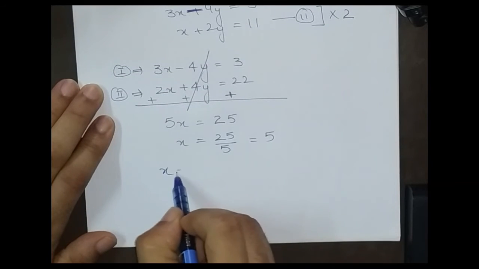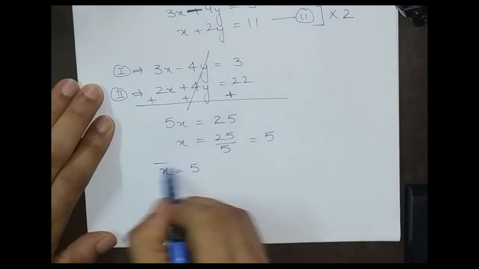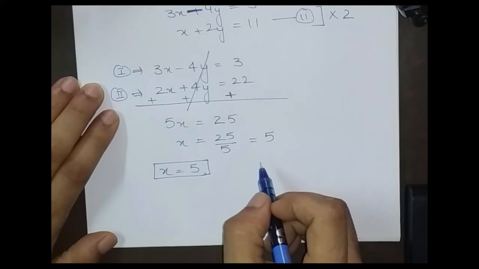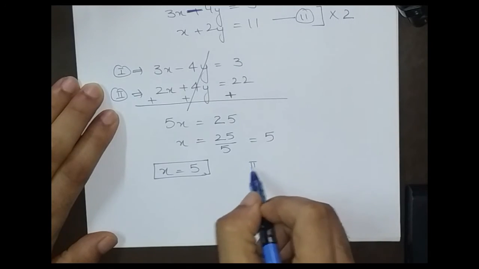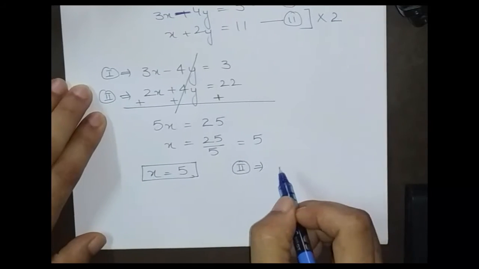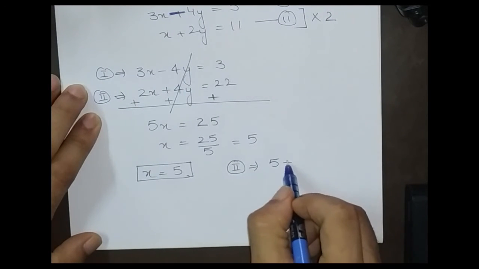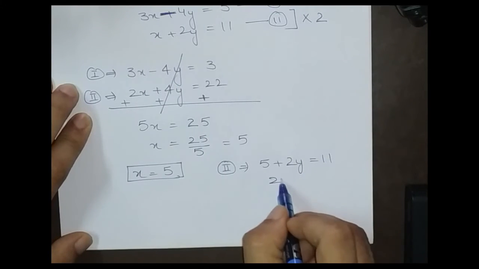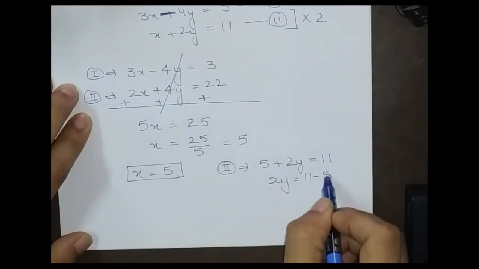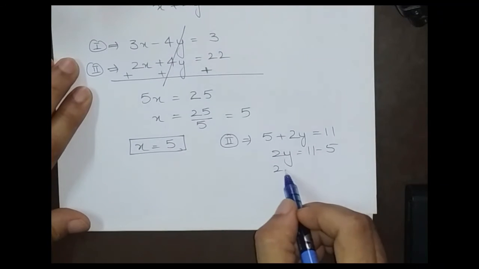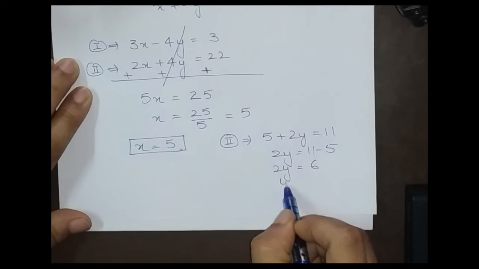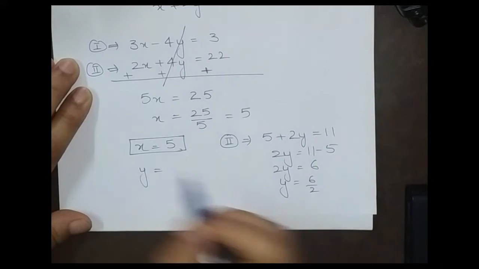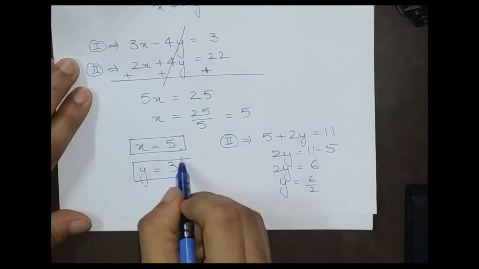So the value of x is 5. Putting the value of x in equation 2, it becomes 5 plus 2y is equal to 11, 2y is equal to 11 minus 5, 2y is equal to 6, and y is 6 by 2, so y becomes 3.